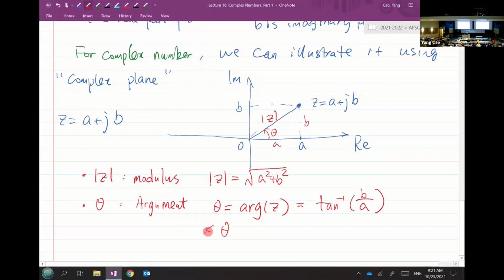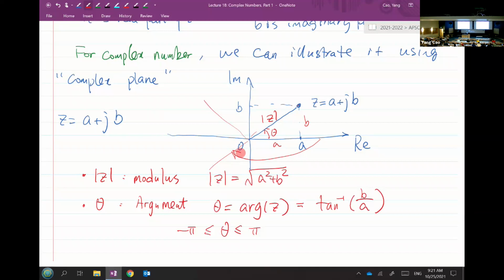The range for theta is between negative pi and pi. If your line is over here, that's from 0 to pi. If the line is below the real axis, then it becomes a negative angle. The angle is always counted from the real axis to where the complex number is.